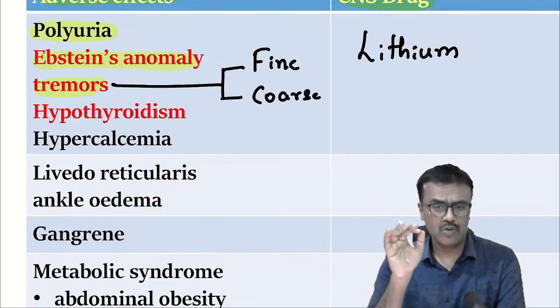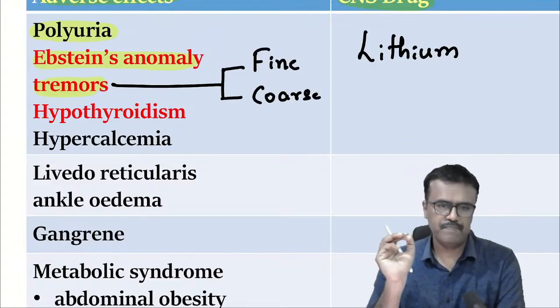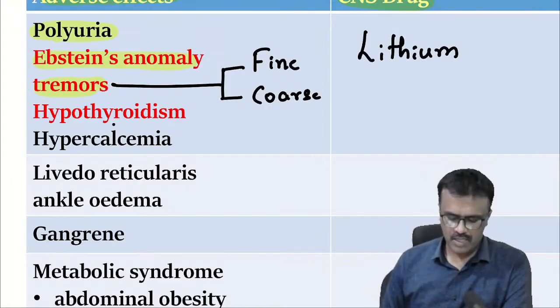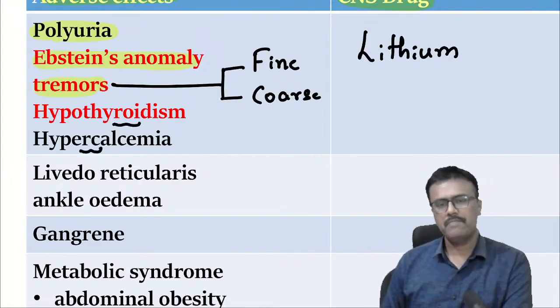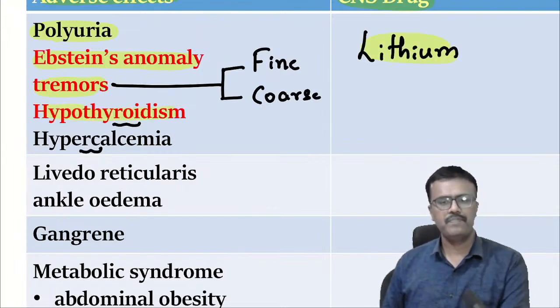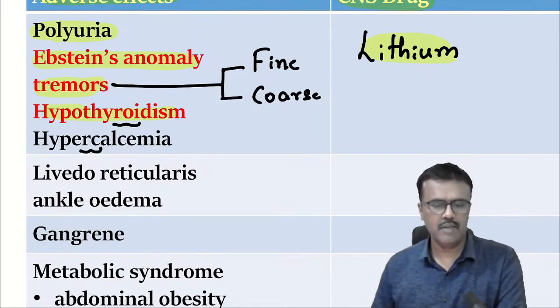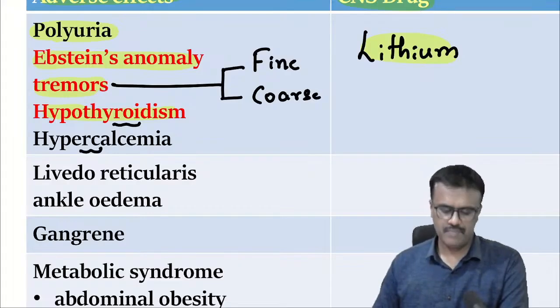But if the tremors are coarse tremors, you have to suspect lithium toxicity. Lithium can cause hypothyroidism and hypercalcemia. But the question is, if patient is on lithium and develops hypothyroidism, then what will you do? Continue lithium, treat hypothyroidism with levothyroxine.